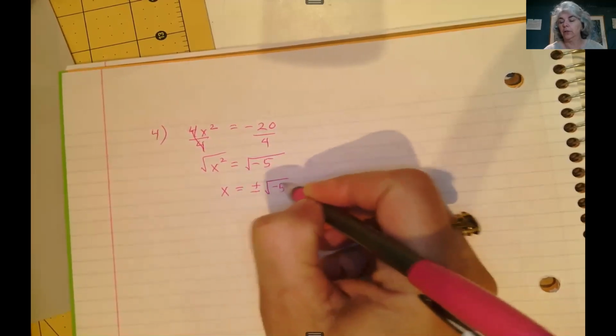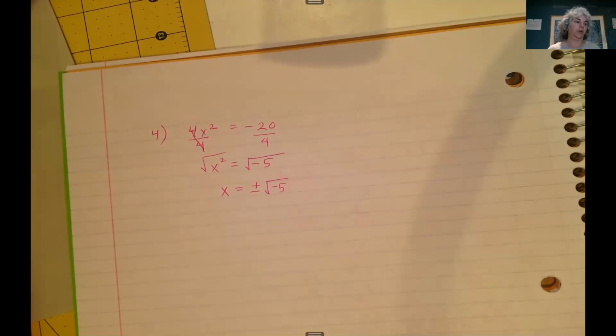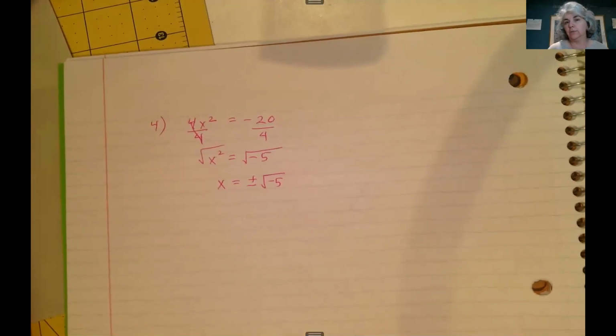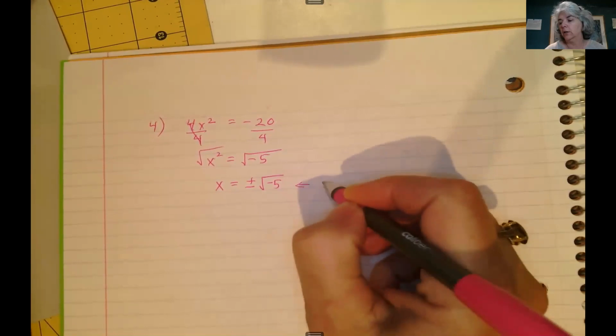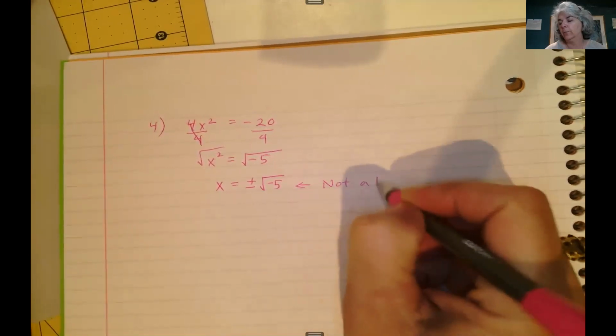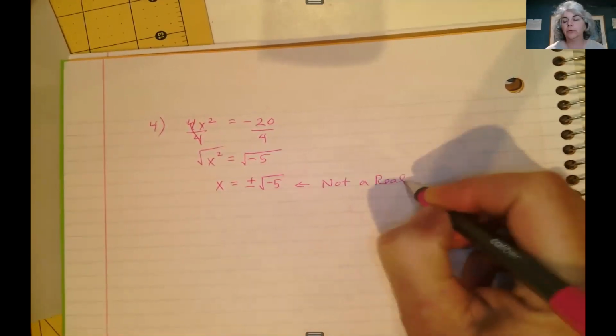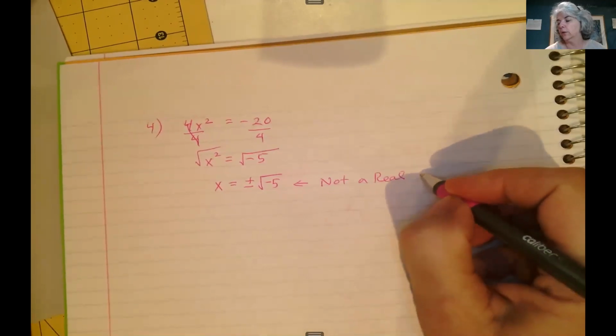Now, if you put negative 5 into your calculator and take the square root of it, you will likely get an error. Most calculators that I've seen cannot handle that because this is not a real number. In the system of numbers, this is not what we call a real number.